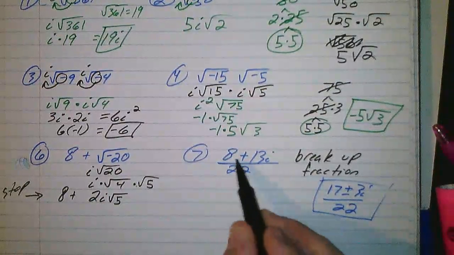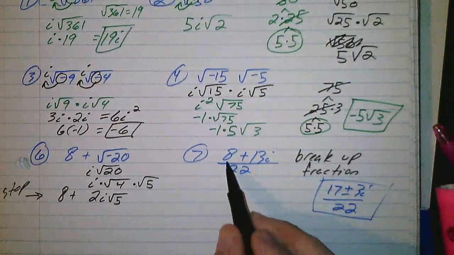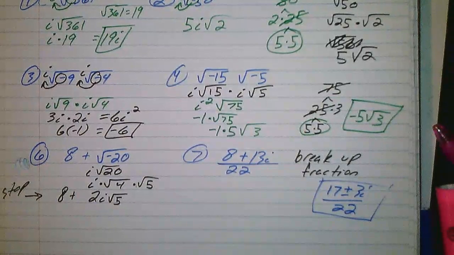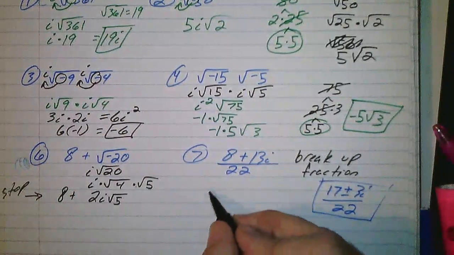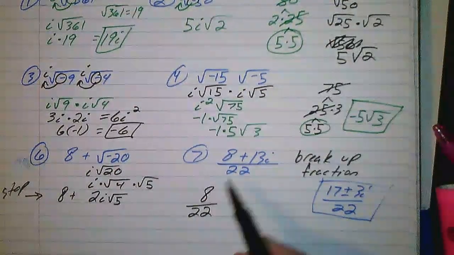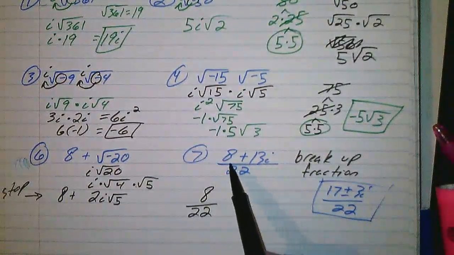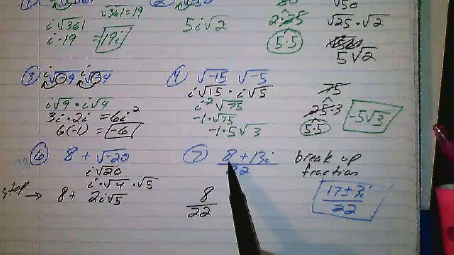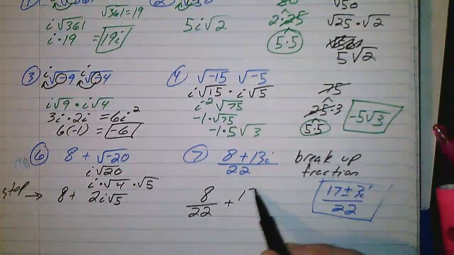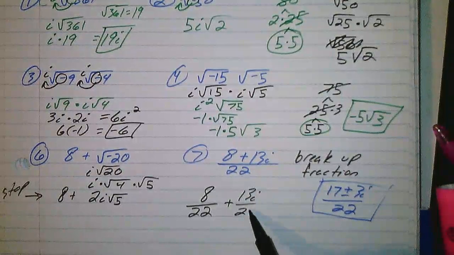But if it does simplify, like 8 and 22 have a shared factor of 2. So in order to get this problem right, we need to simplify it. So I have 8 over 22, because both terms in the numerator are being divided by 22. And then I also have 13i over 22.